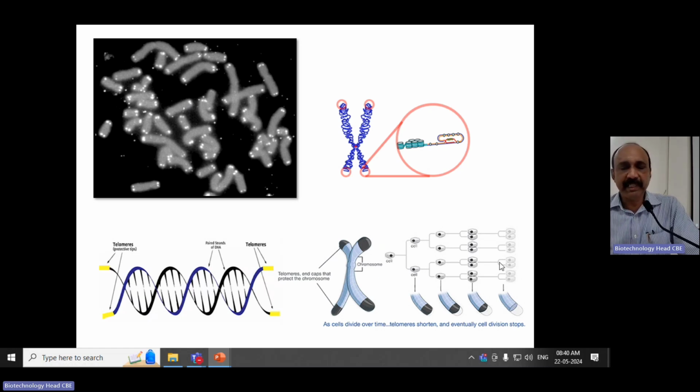This will be the Hayflick limit for any cell. When a cell reaches this end, that will be the end of the cell, and it will be recycled. Even our skin cell needs to be replenished. It should not be a non-dying cell, right? It should be replenished, and this is the Hayflick limit for each and every cell by which it can replicate.